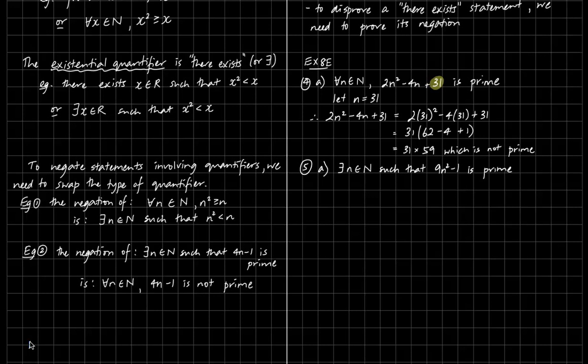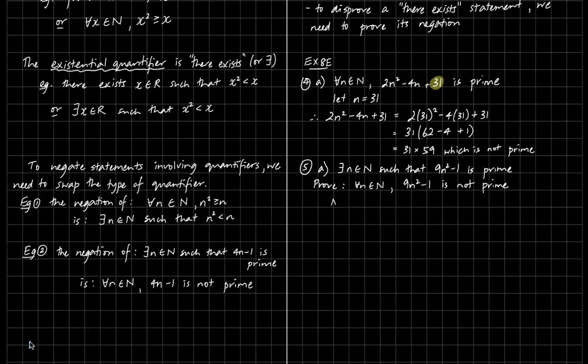So in order to disprove that statement, we could try and prove that actually for every natural number 9n squared minus 1 is not prime. Okay, that it's always not prime. So let's try proving that for all natural numbers n, 9n squared minus 1 is not prime. Because if we do that, then we've disproved that there exists an n where it is prime.